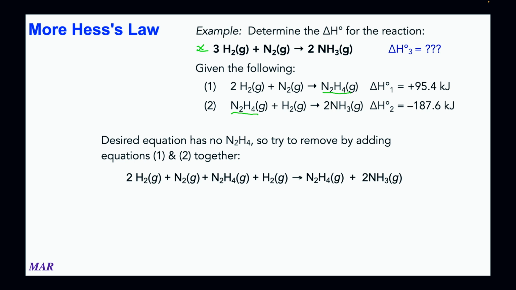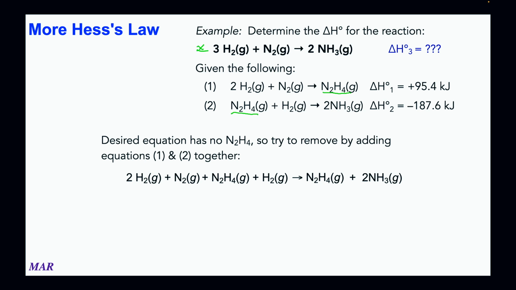So what we'll do is we don't want any N2H4 in our final equation, so let's just add equations 1 and 2 together. Now what I'm showing right here is all reactants and all products, and you can see it's kind of messy, but there's 2H2 and N2 plus the N2H4 and H2 of equation 2, and on the product side you have N2H4 from equation 1 plus 2NH3 from equation 2.